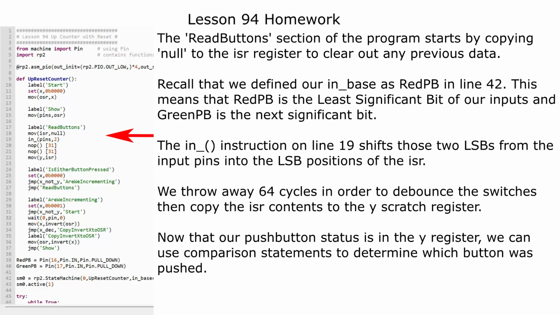The in instruction on line 19 shifts those two least significant bits from the input pins into the least significant bit positions of the ISR. We throw away 64 cycles in order to debounce the switches, then copy the ISR contents to the Y scratch register.